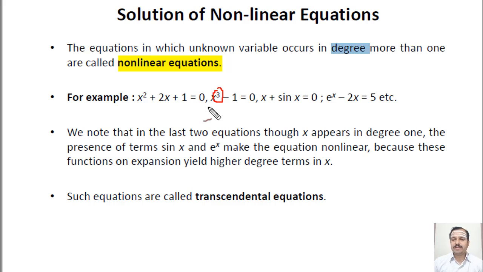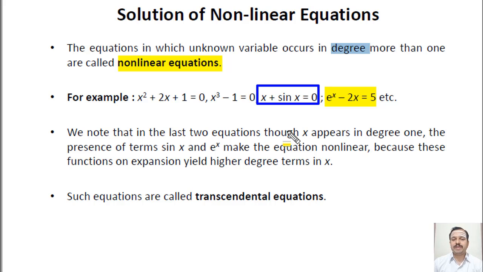Now look at equation 3, the third equation here, x plus sine x equal to 0, and another equation, e to the power of x minus 2x equal to 5. These two equations are also nonlinear equations. You can ask me a question: here x is not appearing in degree 2, then how can these equations be nonlinear?